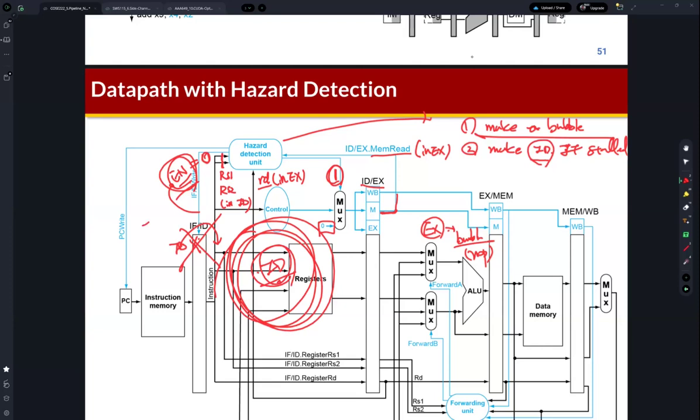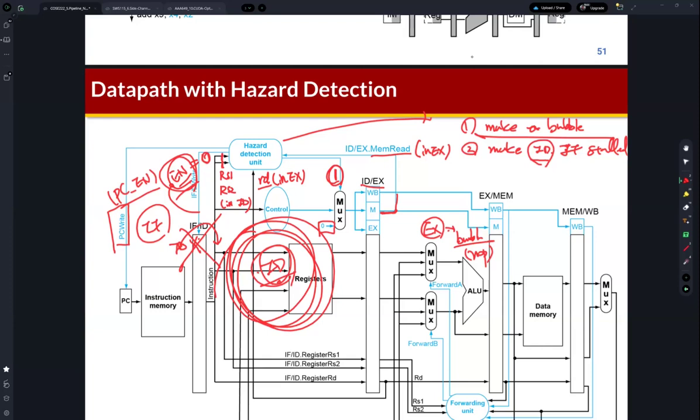Now how about the instruction fetch stage? You can find the PC write. So you can also understand that this is the PC enable. So if the PC is updated, then we can fetch a new instruction. But if the PC is not updated, we can just fetch the same instruction, right?